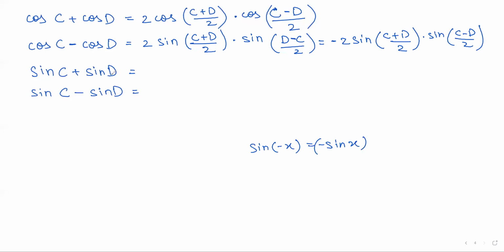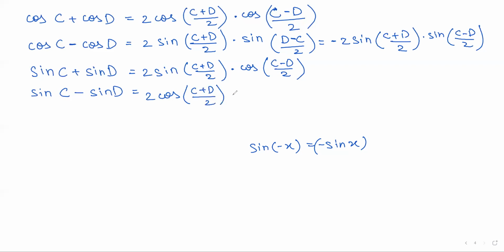Sine C plus sine D: here you have 2 times sine of (C plus D) by 2 into cos of (C minus D) upon 2. Sin C minus sin D will be equal to 2 times cos of (C plus D) upon 2 into sin of (C minus D) upon 2.